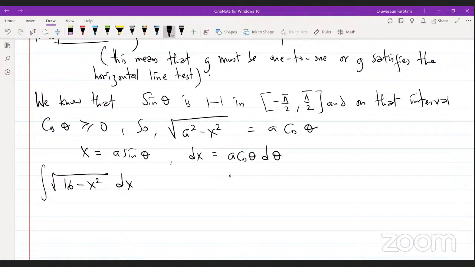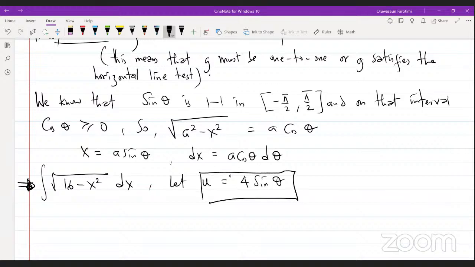In this case, I will just say let u equal 4 sine of theta. In this example, this is a substitution that I will make, and then I can solve from there. All right. So before we go deep into examples, we're not solving this yet.